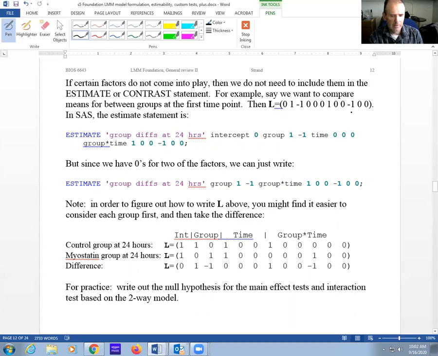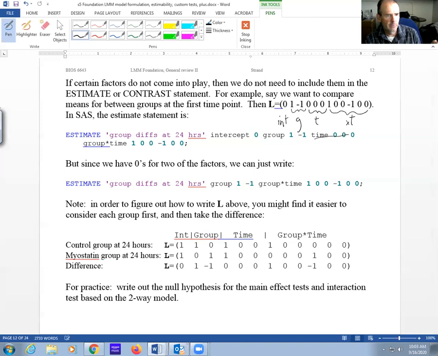The first one is for the intercept, the next 2 are for group, the next 3 are for time, and the next 6 are for group by time. Those are the coefficients for those. But you notice we have zeros for time, so we actually don't need to include this. You could remove that, and that's what I've shown below: you only need to express the coefficients for the factors that have non-zero coefficients.